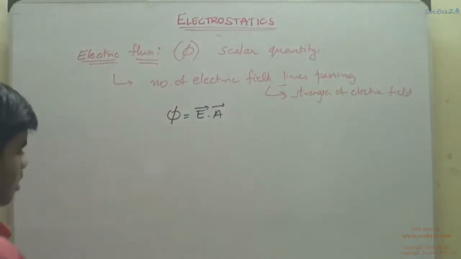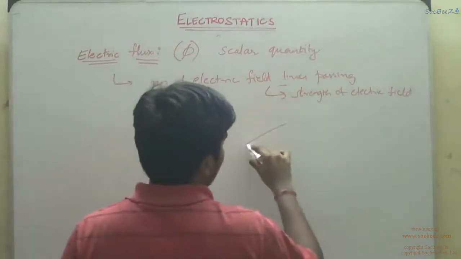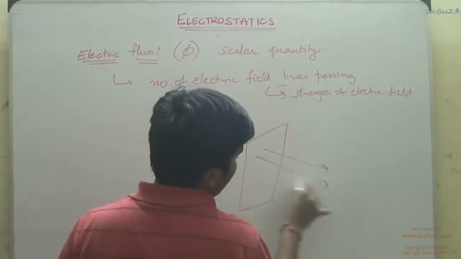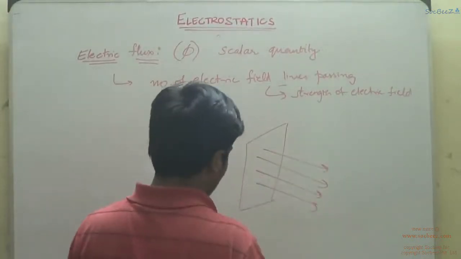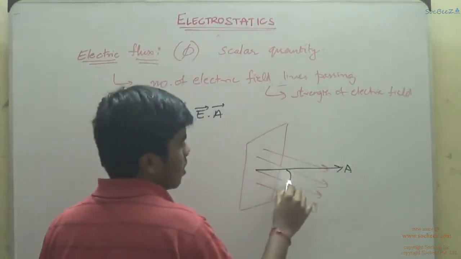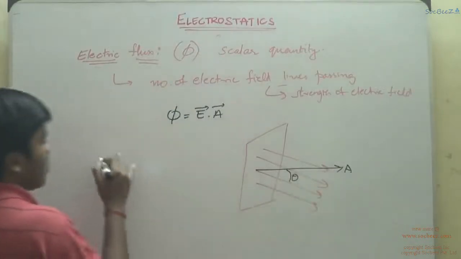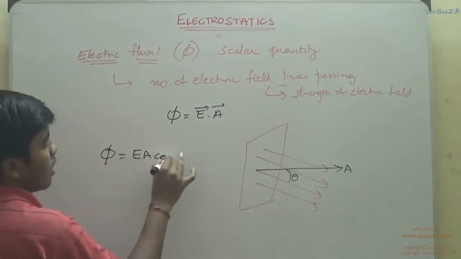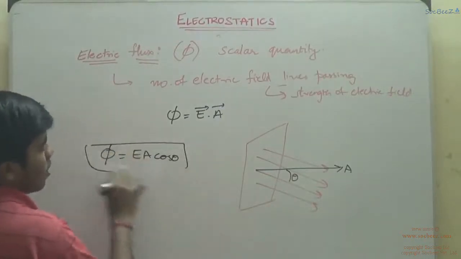Which would mean that if this is the area and this is the electric field, so see, this is the electric field, this is the area vector. Suppose theta is the angle between them, so phi is equal to EA cos theta, right?